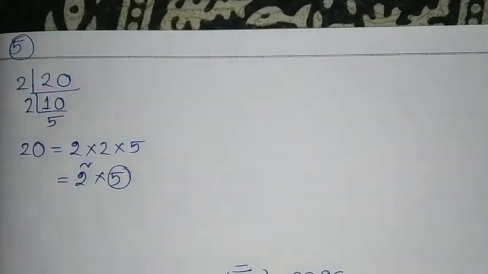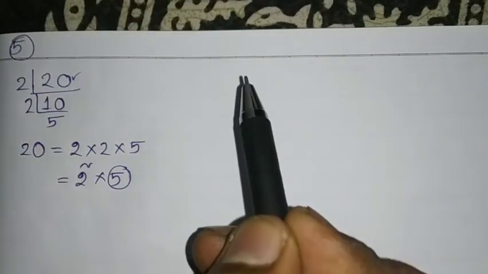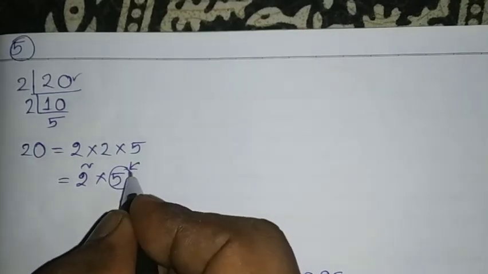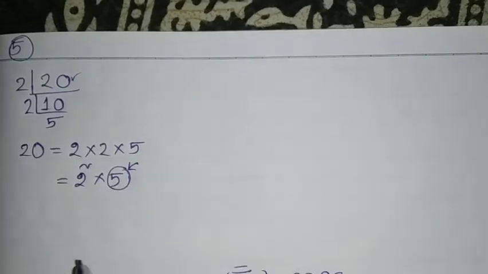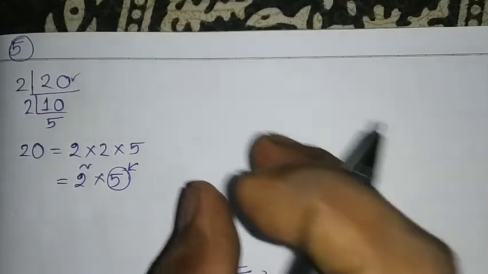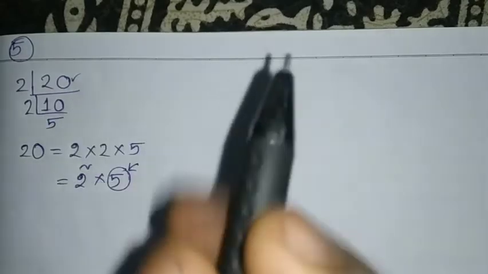Square number, because 20 was not a square number. It doesn't have a square of 5. But if we multiply this 20 with one extra 5, that means the product will be a square number. So in the third column, you need to write multiplication by 5. So 20 will be in the not square column.